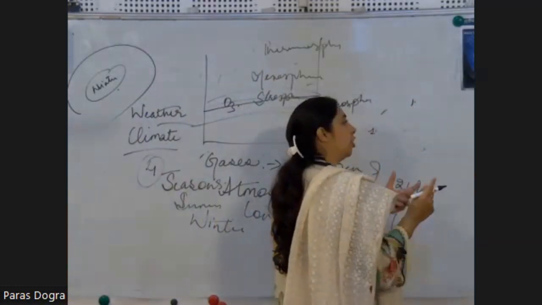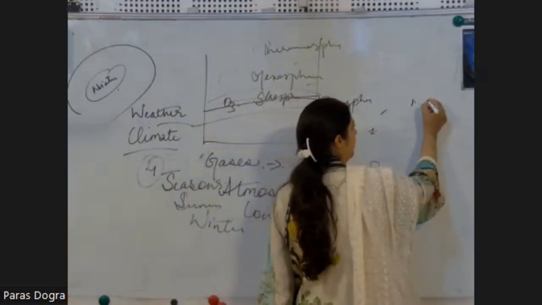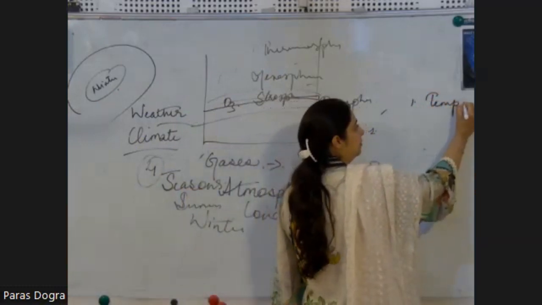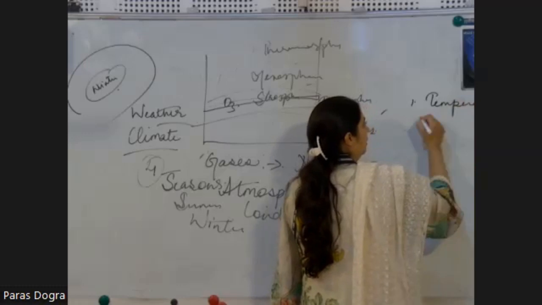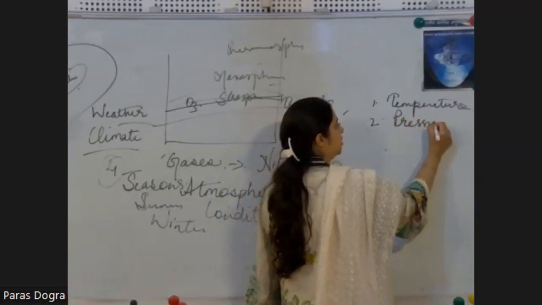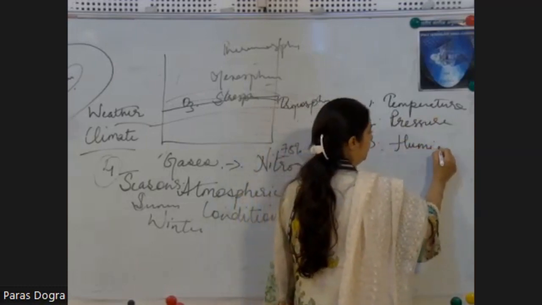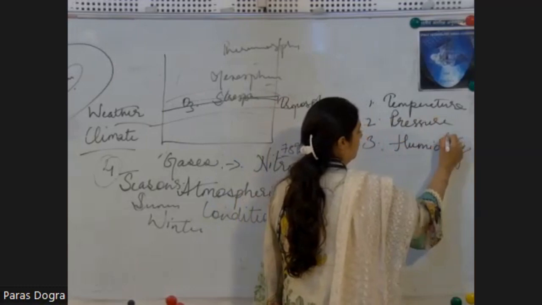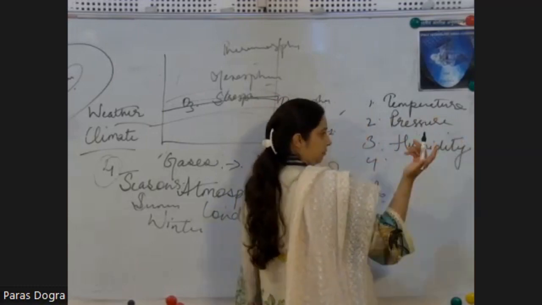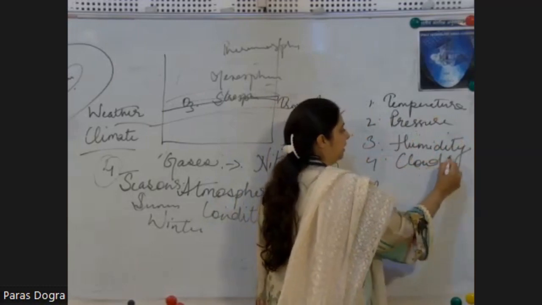And these important elements, or we can again say these important components, are temperature, then pressure, which is actually the air pressure, then humidity. Some more, you can also add cloud cover, visibility.